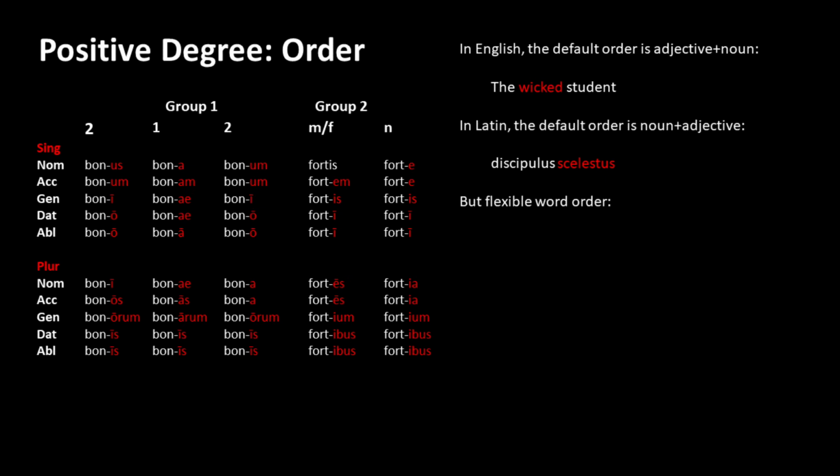The order of words in a Latin sentence can be very flexible. Look at this. Discipulum scelestum verberavi. I beat the wicked student. But I could also say, scelestum verberavi discipulum. There is no difference in the main meaning of these two sentences.